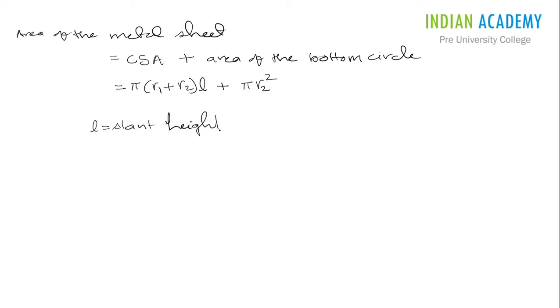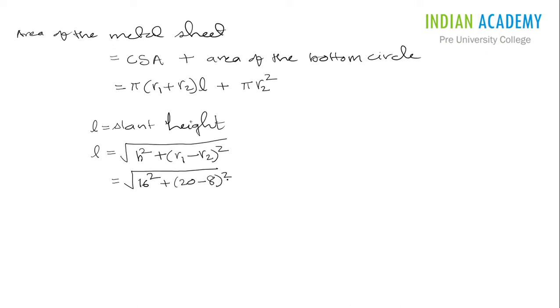And we have the direct formula to find the slant height, which is L equal to square root of h squared plus (r1 minus r2) the whole square, which is square root of 16 squared plus (r1 is 20 minus r2 is 8) whole square, which will be square root of 16 squared plus 12 squared. 16 squared is 256 plus 12 squared is 144.